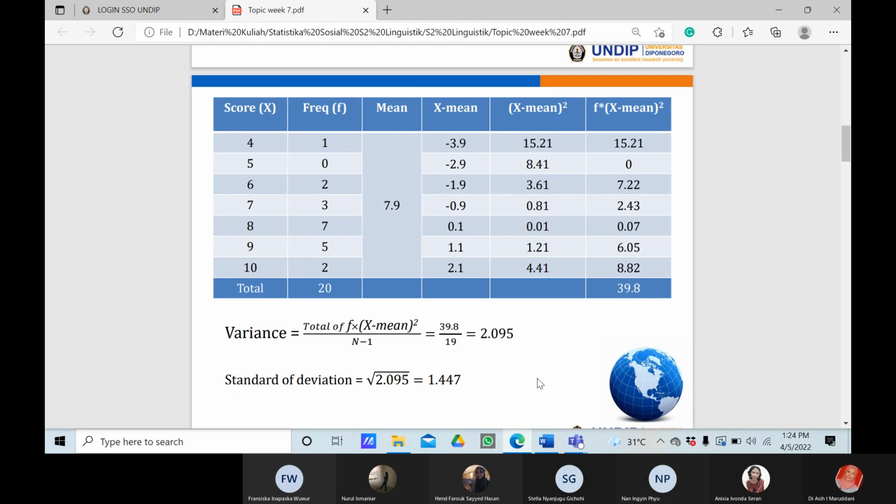Okay, I think it is also easy, but you have to practice with maybe Excel, because for a large number of data, you may have difficulties calculating one by one.